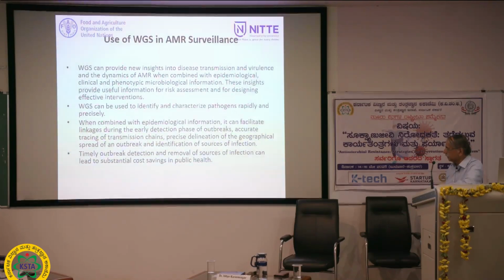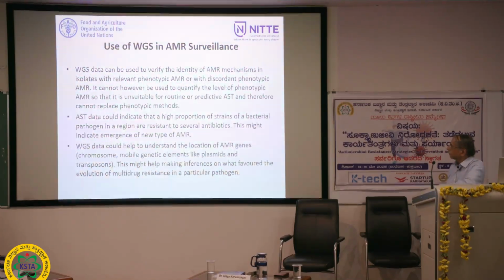So this whole genome sequence data can be used to verify and identify AMR mechanisms in isolates with relevant phenotypic AMR or with discordant phenotypic AMR. It cannot, however, be used to quantify the level of phenotypic resistance, because sometimes you may find genes, but if you test phenotypically, the isolate may not be resistant, because there may not be expression of that gene.